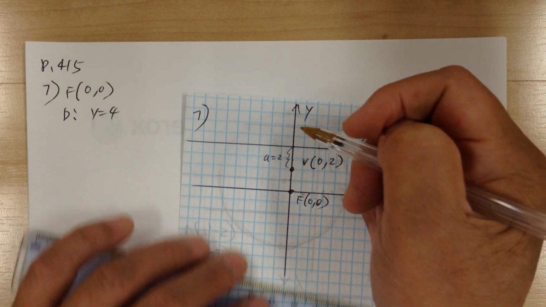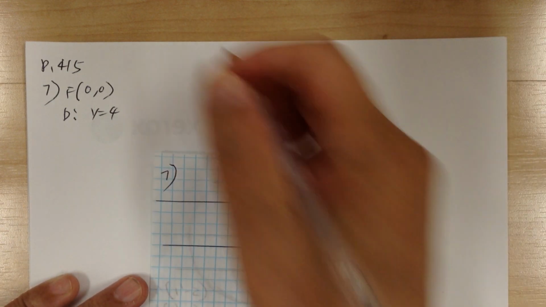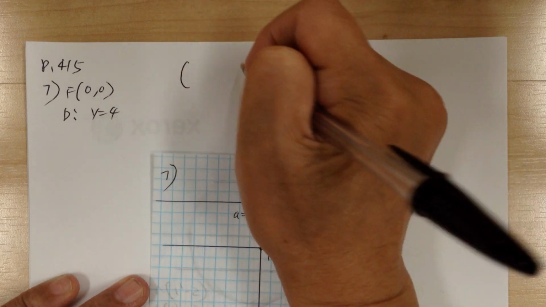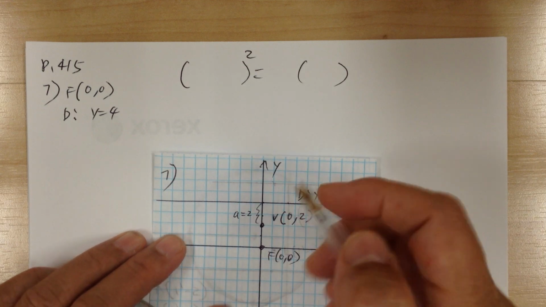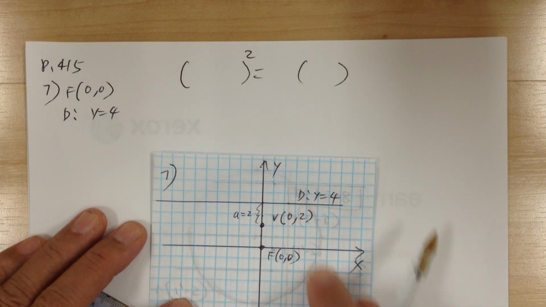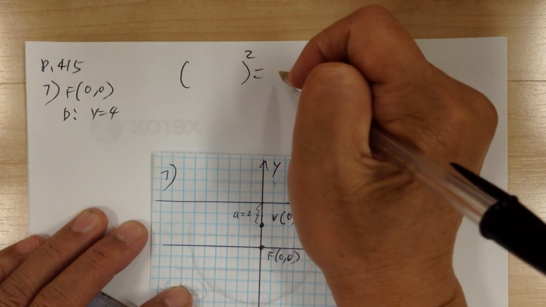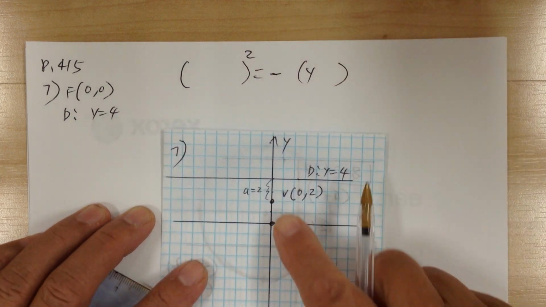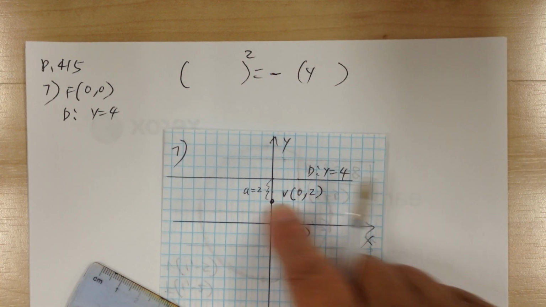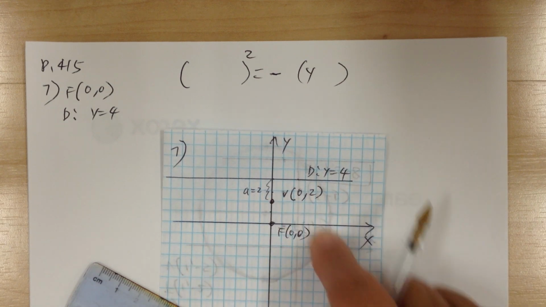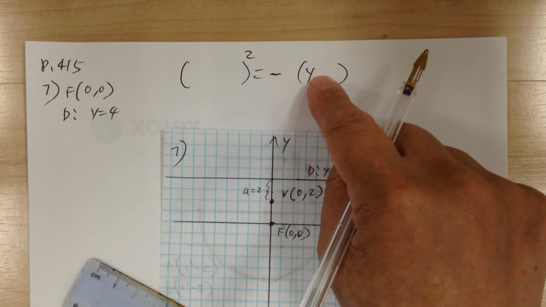So from here, I can get your template ready. The graph is going to go down this way, so it would be the negative y direction. Again, here's your V. The graph always loops around the F. So the graph is going to be like a sad face, like a mountain. It's the negative y direction.